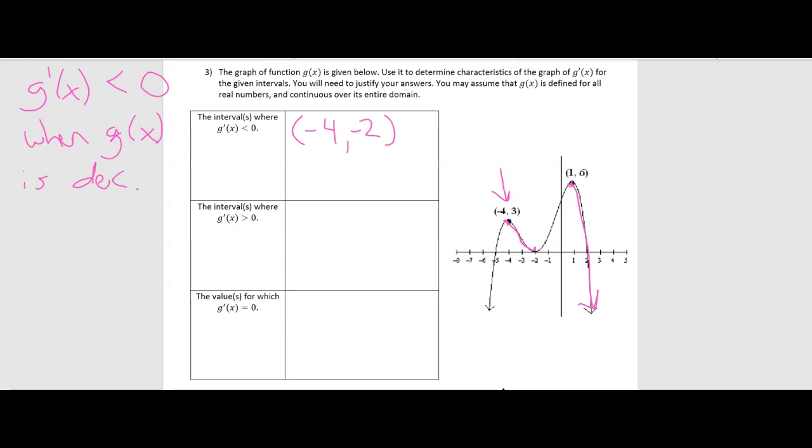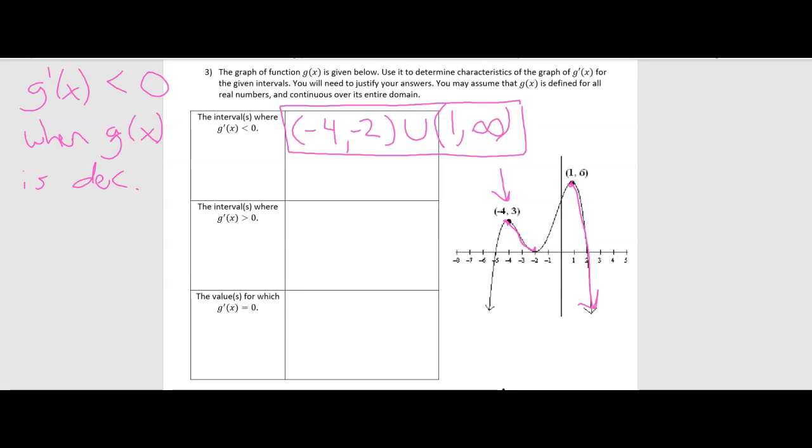And because we have another interval, we're going to use this U, which really stands for the union of these two intervals. So the first interval, union this second interval from 1 to infinity. So those are the intervals on which g prime of x is less than 0 because g of x is decreasing.